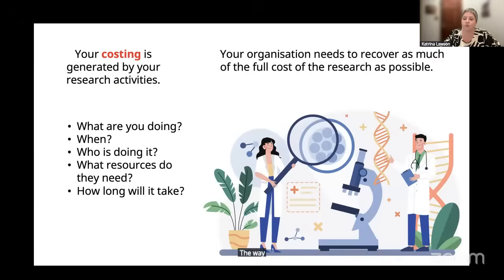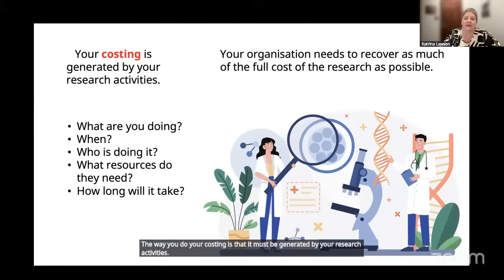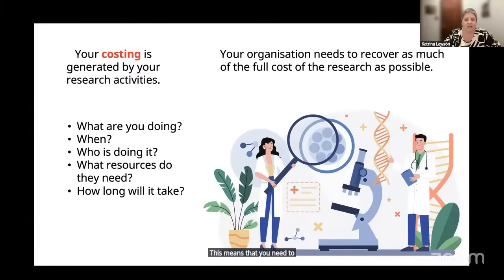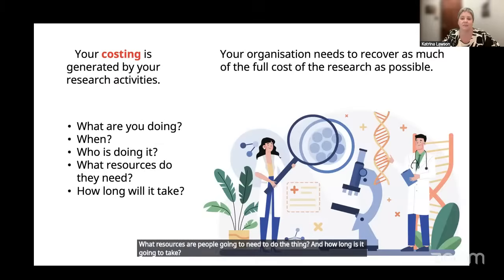The way you do your costing is that it must be generated by your research activities. This means that you need to think about what kind of things you are going to be doing, when you are going to be doing it, who's doing it, what resources people are going to need to do the thing, and how long it is going to take, how long you are going to need the money for.